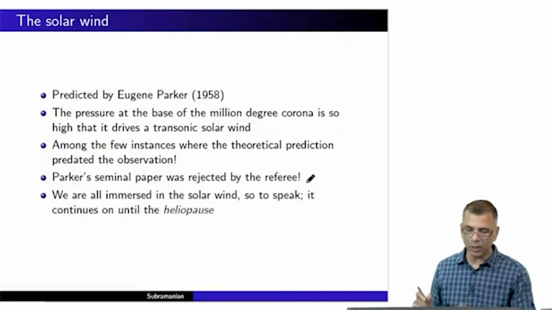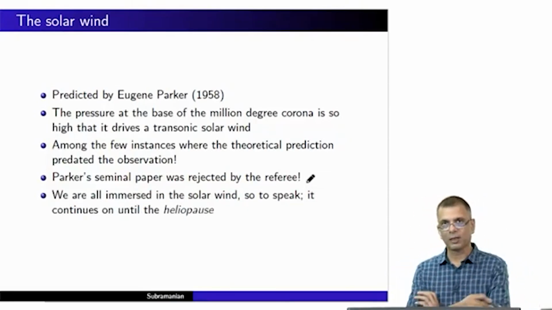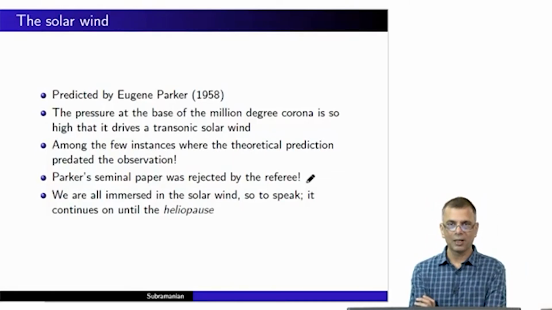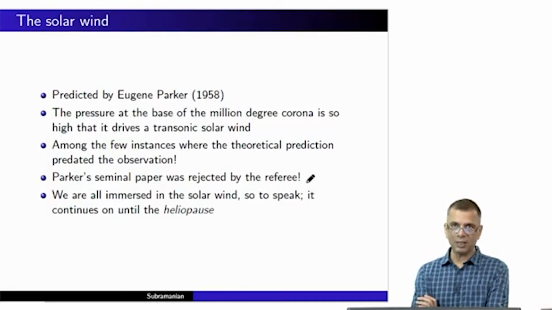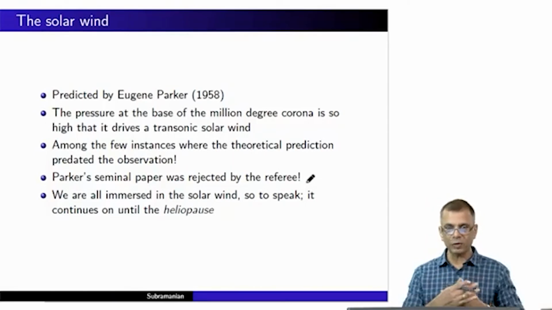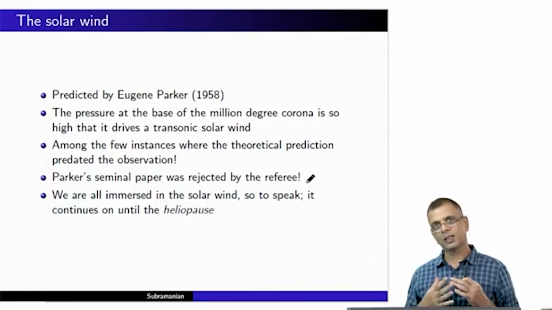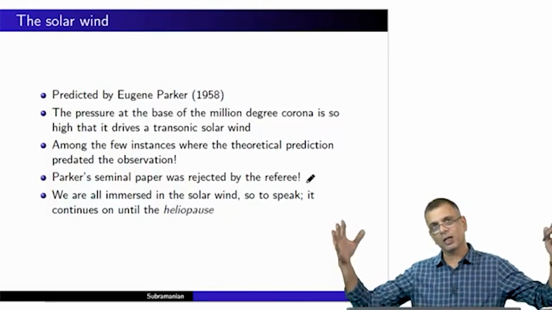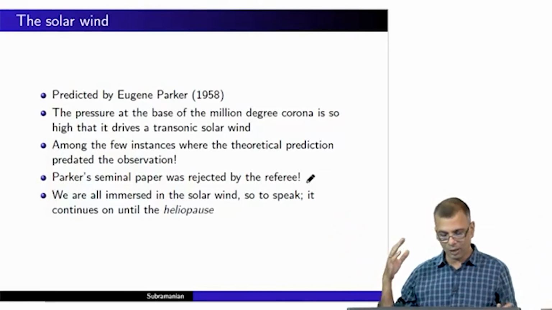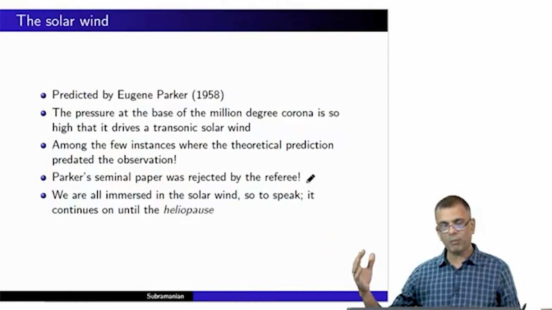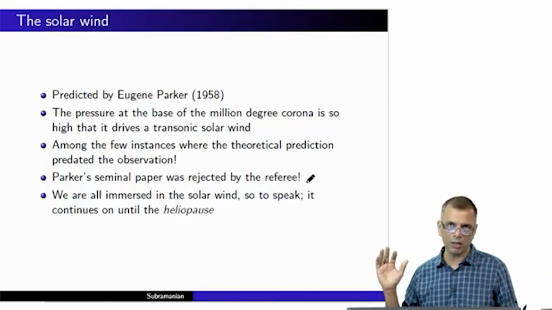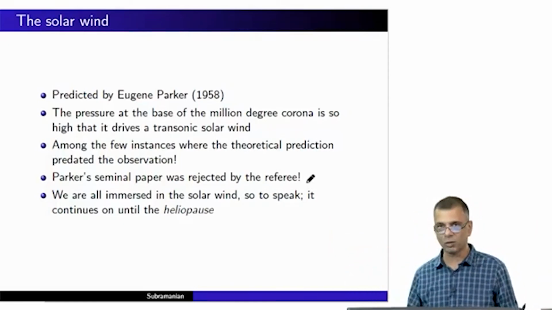In a sense, we are all immersed in the solar wind. You see, the solar wind is something that emanates from the sun and flows outwards, and keeps going on until, I think, beyond the orbit of Neptune or even beyond Pluto.